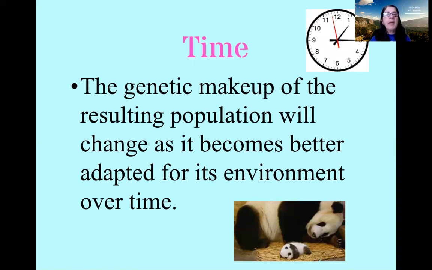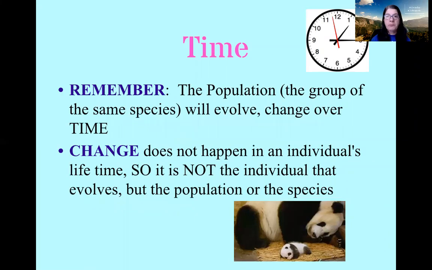The genetic makeup of the resulting population of organisms will change as they become better adapted to their environment over time. And I want to remind you that population refers to all the individuals of the same species within a given geographic location.